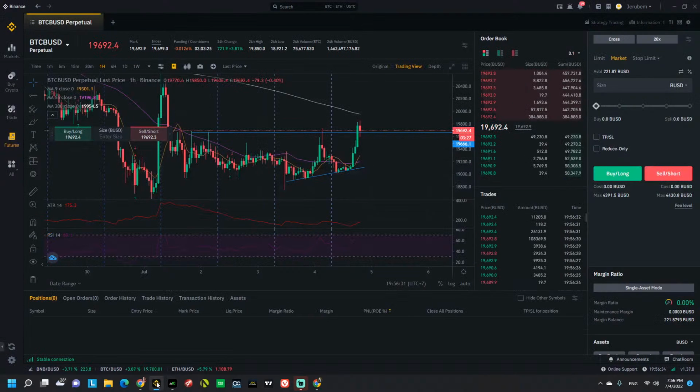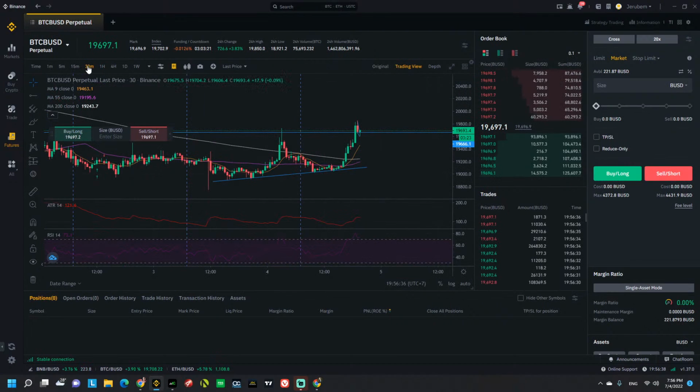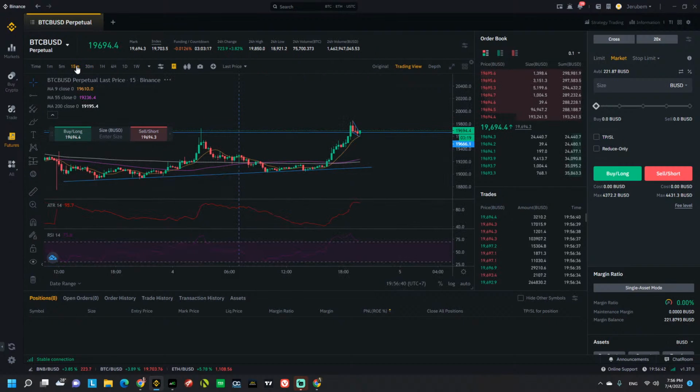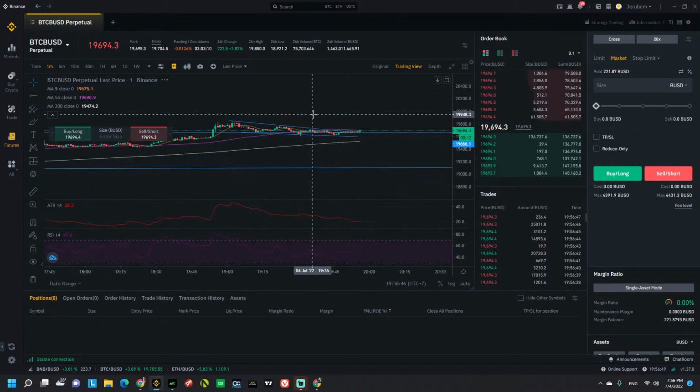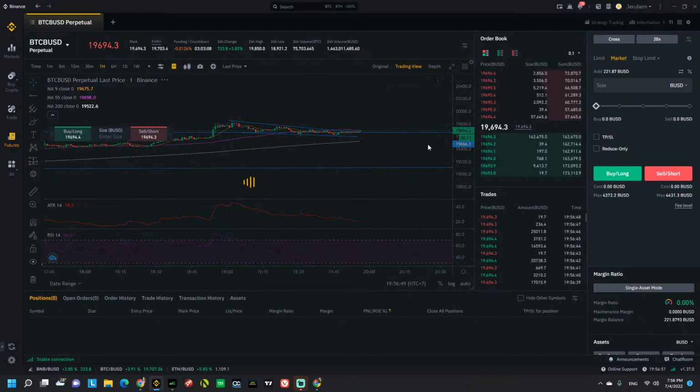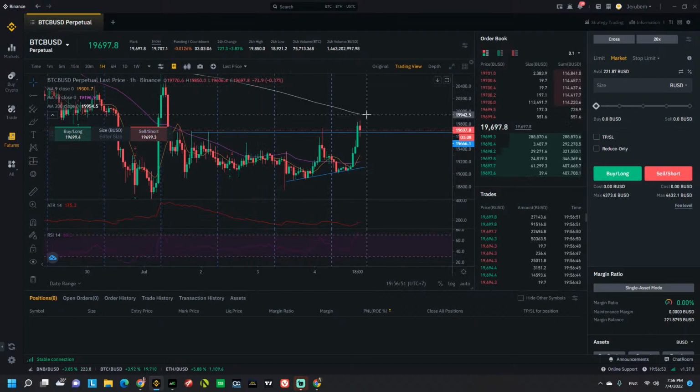Okay, let's look at crypto. See what's happening. Yeah, it's still moving up. So it might go up until this moving average.